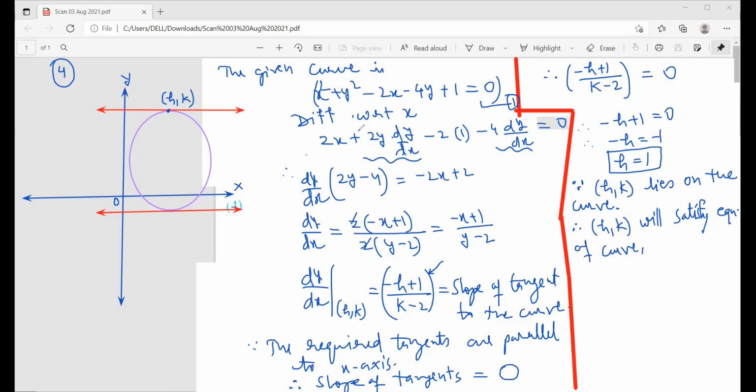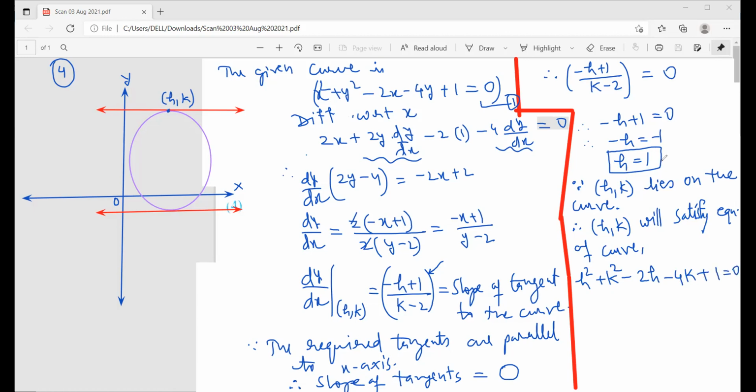What does that mean? Where I have x, I can write h. Where I have y, I can write k. So h square plus k square minus 2h minus 4k plus 1 equals to 0.